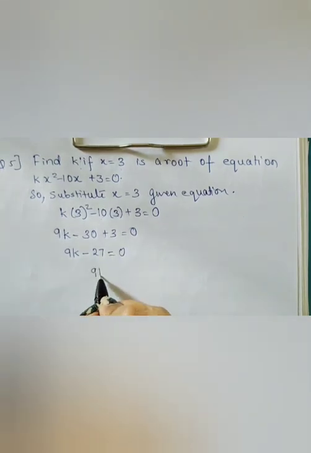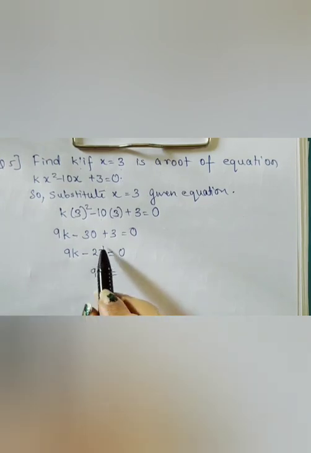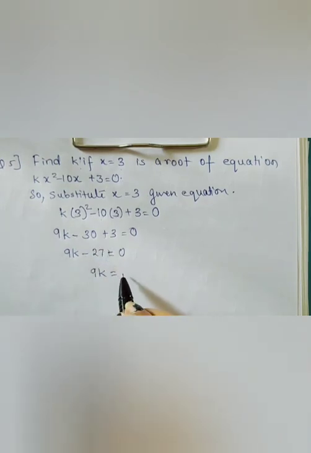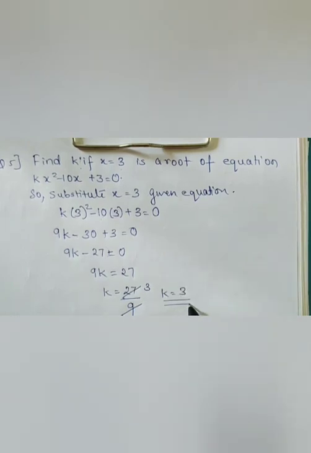Now 9k equal to this minus 27 will come this side, it will become positive 27. Now again k is equal to 27 upon 9. 9 3s are 27, k is equal to 3. We got the value of k as 3. I hope you understand.